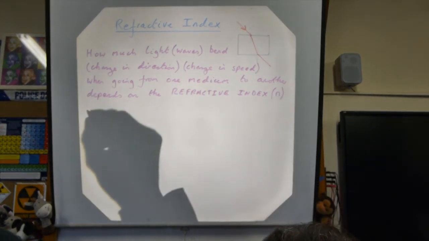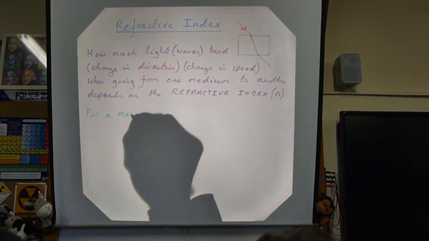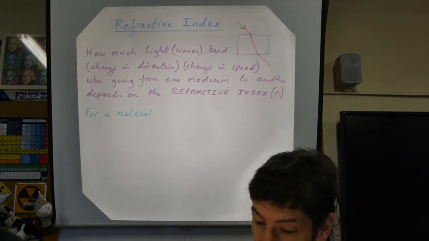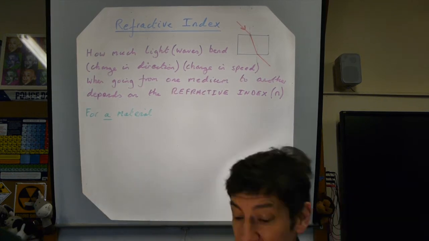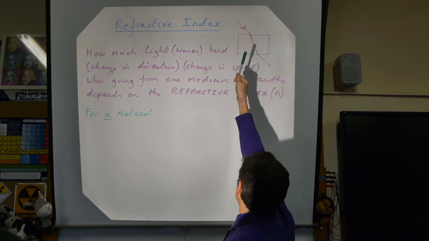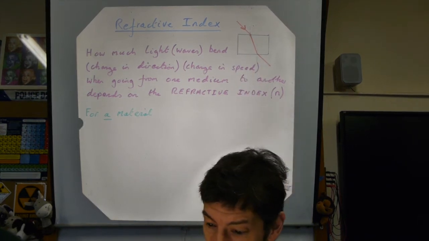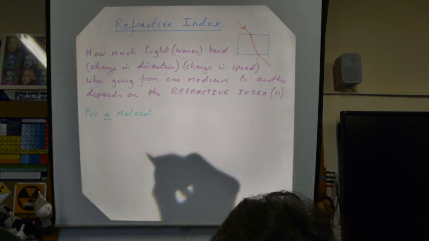And so I'm going to say here, for a material. Now when I say for a material, I mean a very specific single material. I don't mean between the two. So for example, if this was a glass or plastic block, I'm going to show you what the refractive index is for that material. Well, it's actually quite simple.